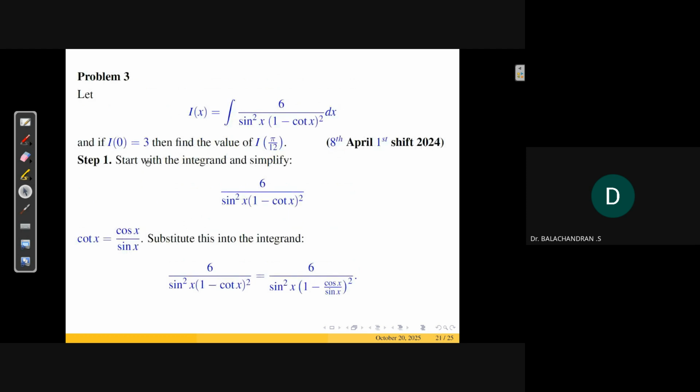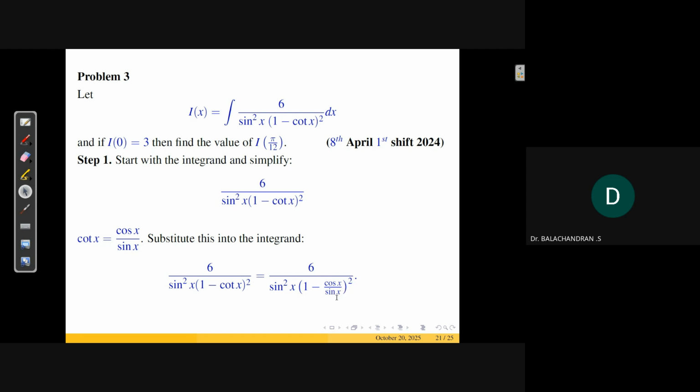Now I'll start with the integrand. First I will simplify it. The integrand is 6 by sine square x into 1 minus cot x whole square. I'm going to write everything in terms of sine and cos. We have cot x equal to cos by sine, so you can write 6 by sine square x into 1 minus cos x by sine x whole square.